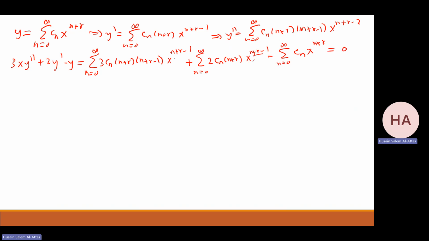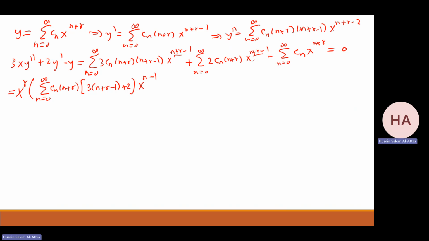And notice these are the same. So I can combine them in one and take x to the power r common factor at the same time. n equals 0 to infinity. I can take cn and n plus r as a common factor. What I have? 3 times n plus r minus 1 plus 2, times x to the power n minus 1.